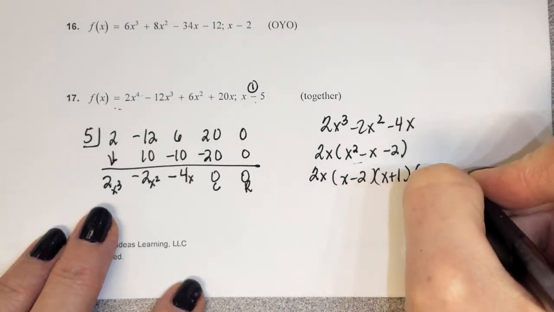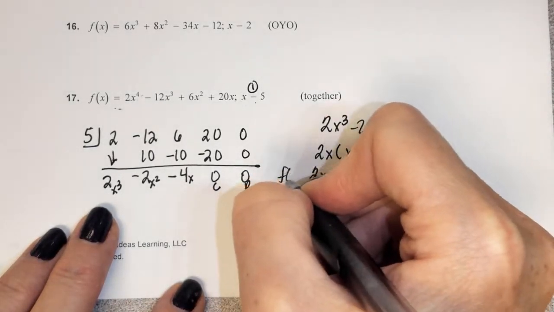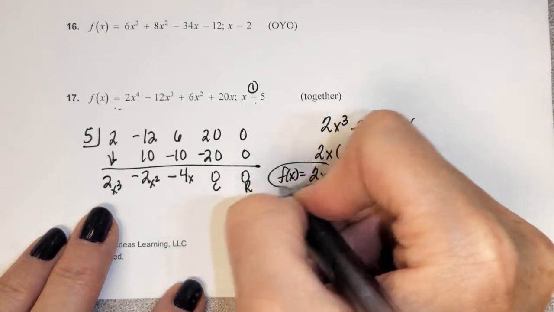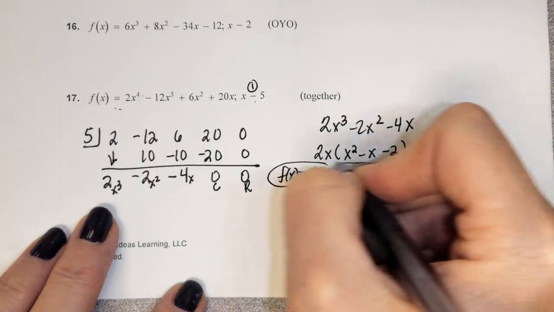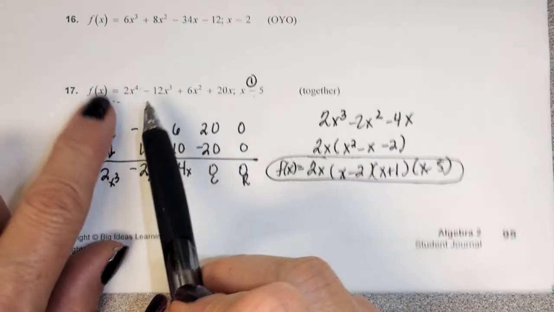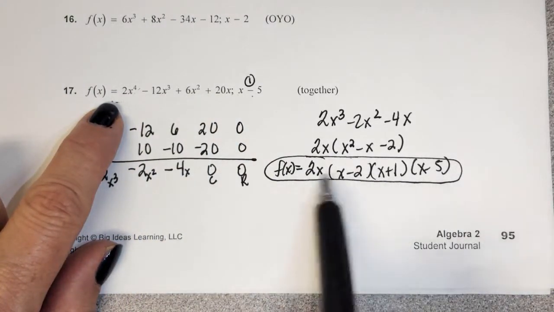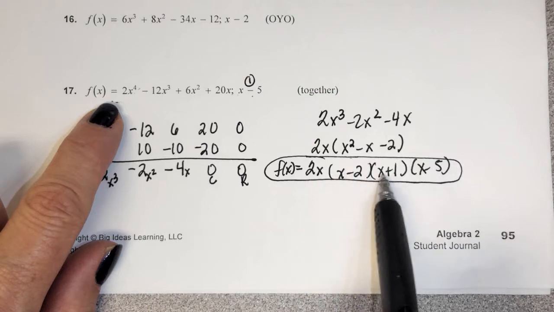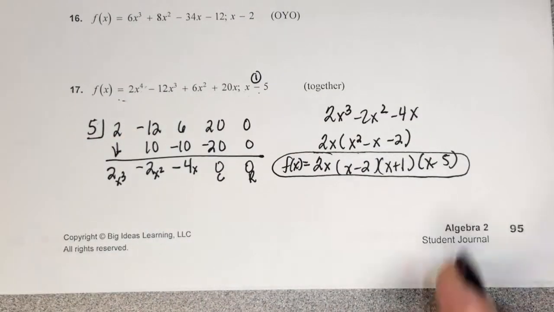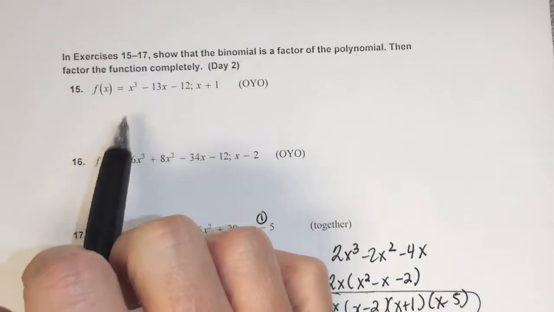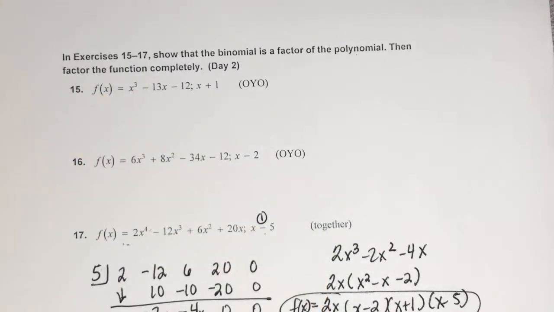X minus 5. And so this is how that whole polynomial would factor right there. I check again, x squared, x cubed, x to the 4th, I got them all. Okay, you guys go back now and try number 15.